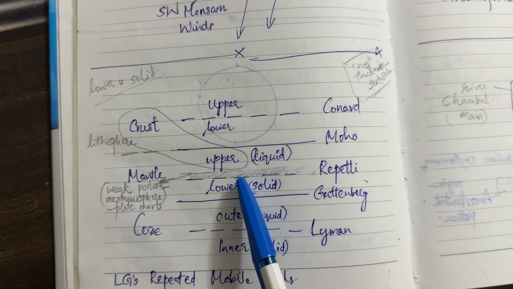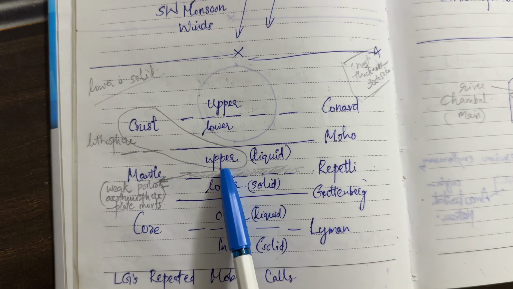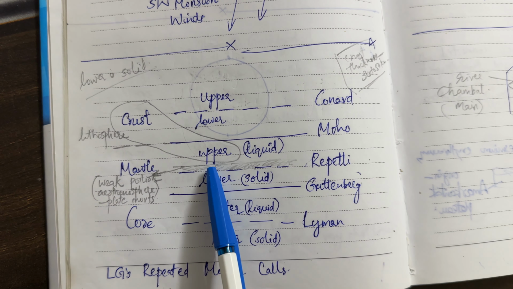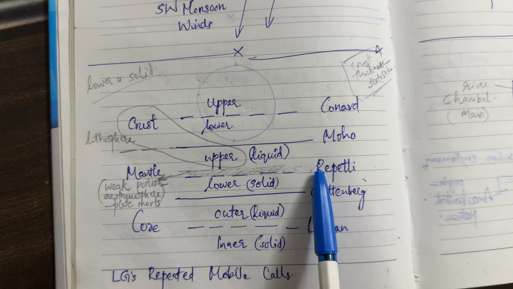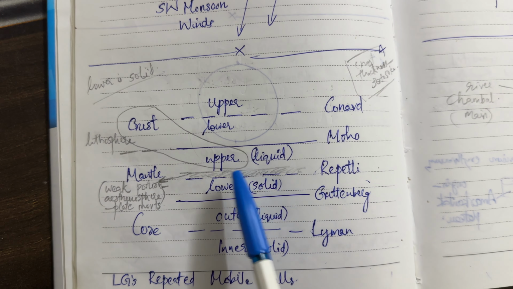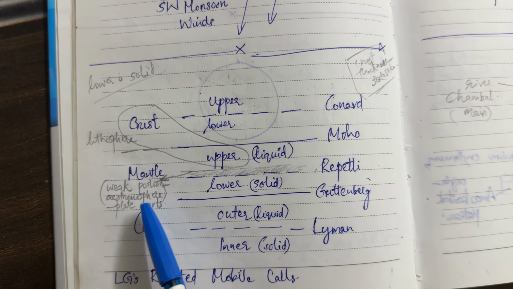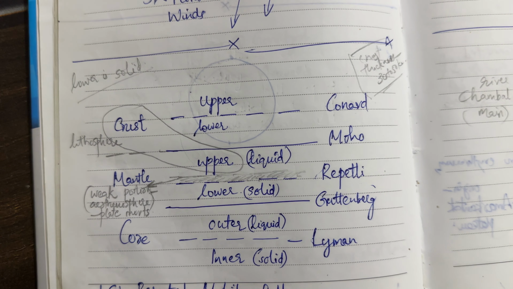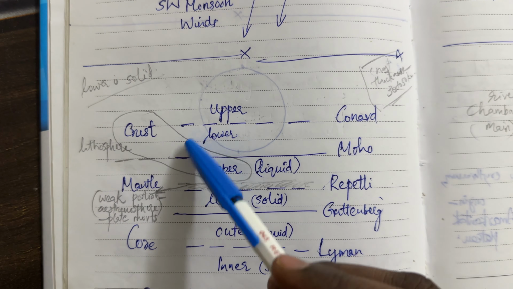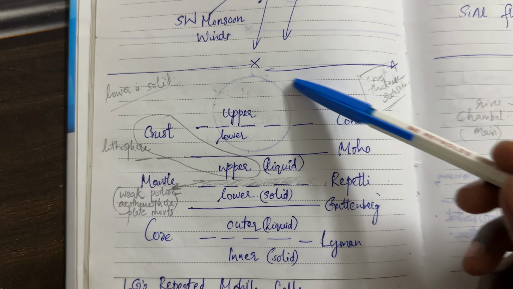The lowest part is the upper mantle, and above the Repeti, a small portion at the start of the lithosphere, this weak portion is called the asthenosphere, where plate movements happen. The thickness of the crust is usually 30 to 50 kilometers.